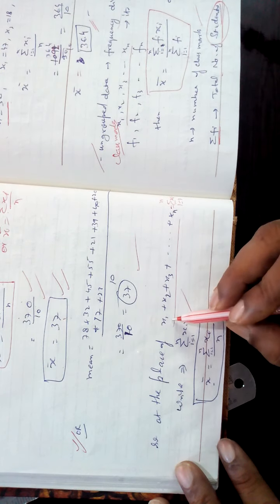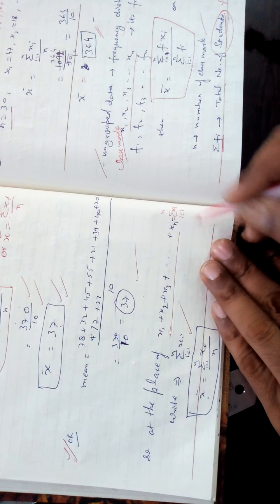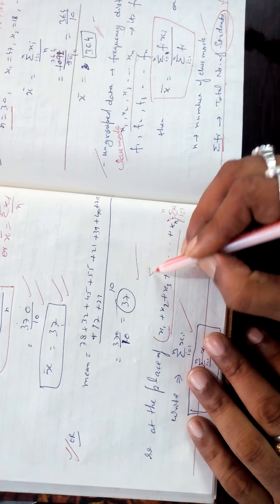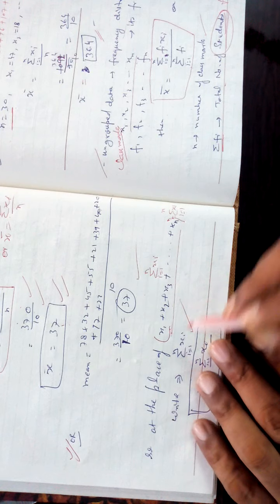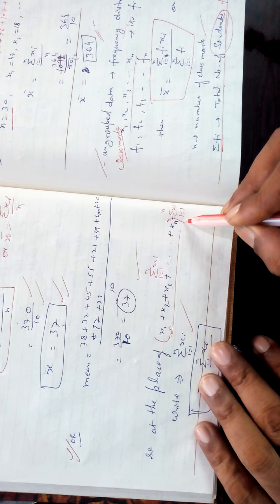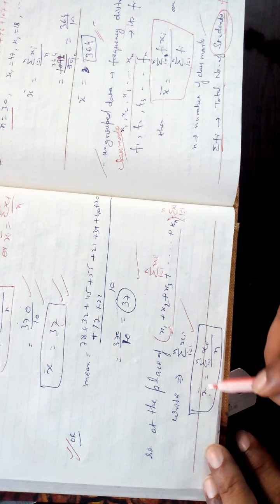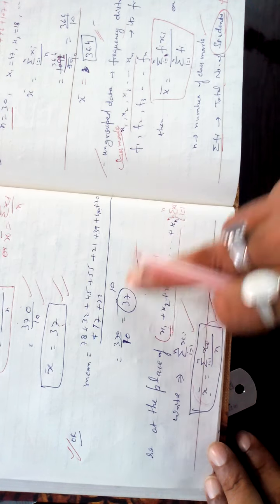So in place of x1, x2, x3, xn, you can write sigma xi, i equal to 1 up to n. So x bar is your basic formula for raw data.